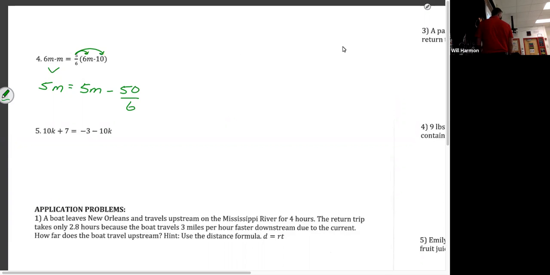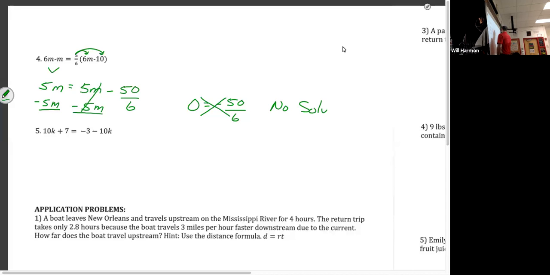So I'm going to leave it as 50 over 6. Now I want all my variables to one side, so I'm going to go ahead and subtract 5m. And notice I'm going to get 0 equals negative 50 over 6. And this is no bueno, so there's no solution.